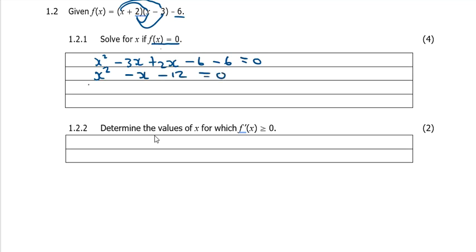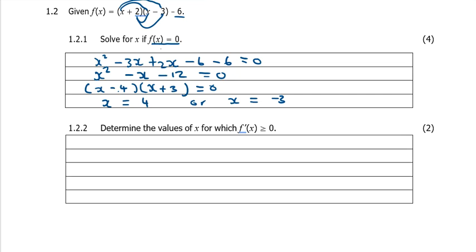And then we can factorize. All right. Now we're looking for two numbers that, added, give us negative 1. Multiplied, they give us negative 12. And I hope you can agree that those numbers are negative 4 and positive 3. Because minus 4 plus 3 will give us negative 1. But negative 4 times 3 will give us negative 12. And we could simplify those brackets into x equals 4 or x equals negative 3.